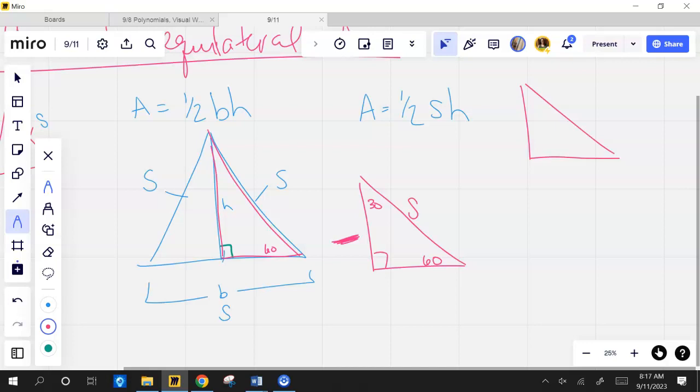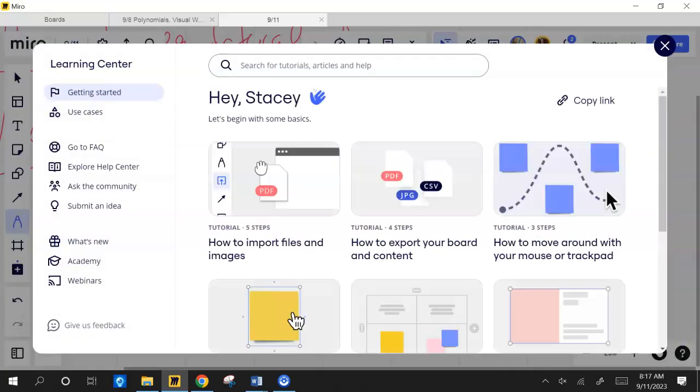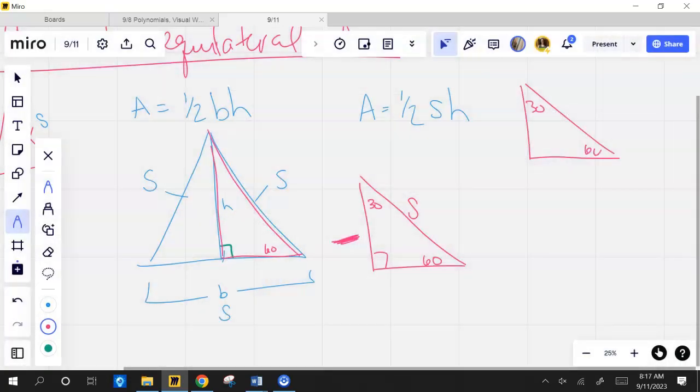I'm gonna put some X's in here. Remember, we always go from the short leg, so I'm gonna set this triangle up the same way as this other one. If the short leg is X, that means the hypotenuse is twice the short leg, and that means the long leg is what? That's exactly right. X times the square root of 3.